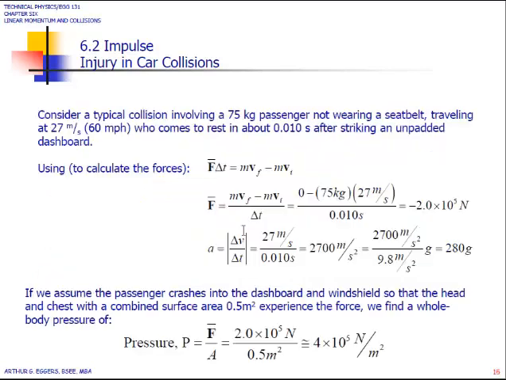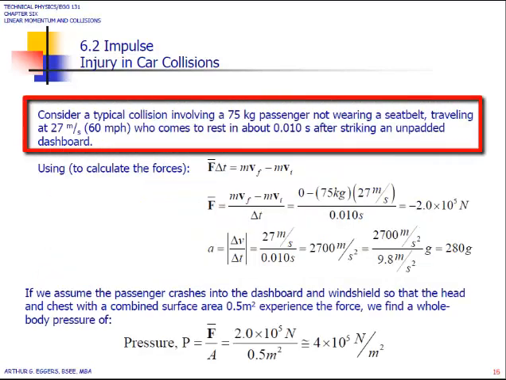Example, consider a collision involving a 70-kilogram person not wearing a seatbelt, traveling at 27 meters per second, or about 60 miles per hour, who comes to rest in about 100th of a second after striking an unpadded dashboard.